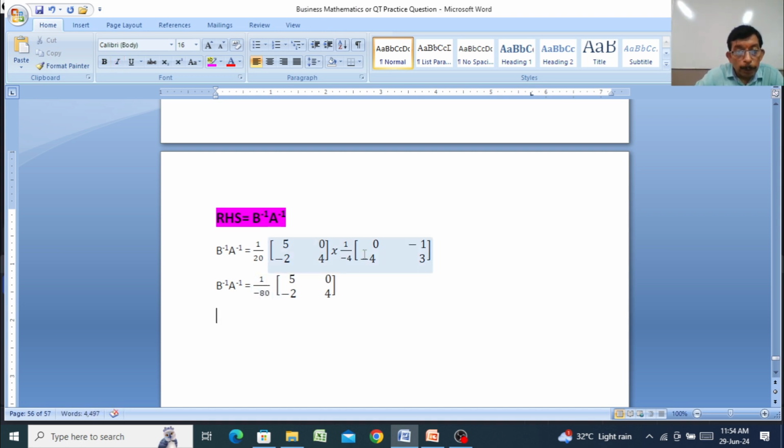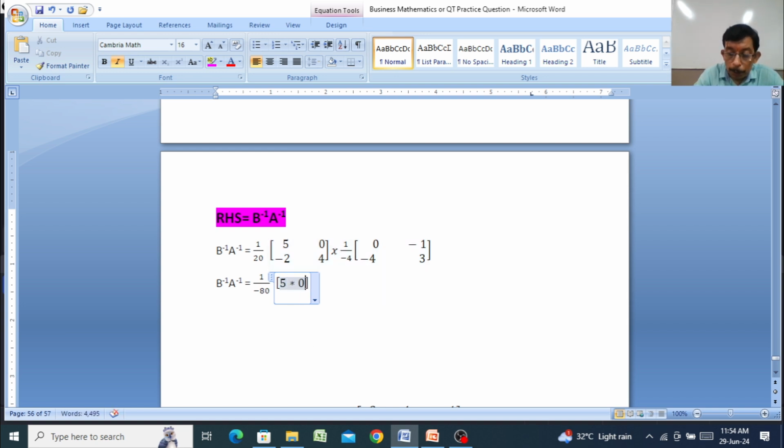The row is multiplied by the column. First row multiplied by the first column: 5 multiplied by 0 plus 0 multiplied by 4, minus 4.